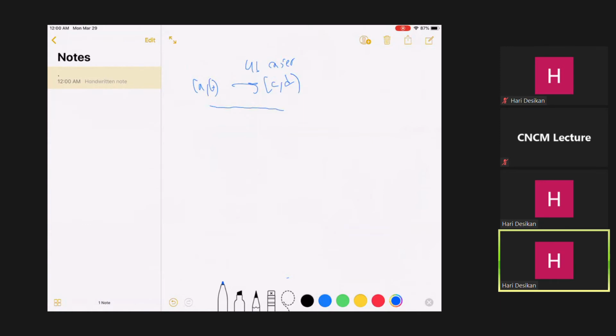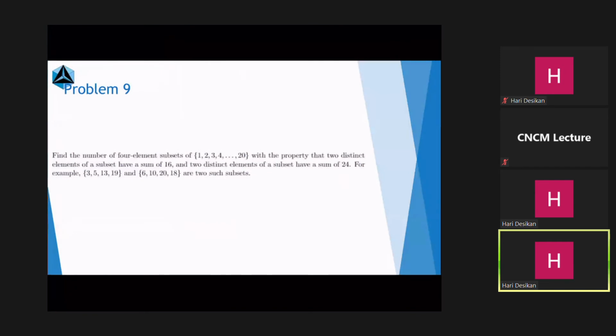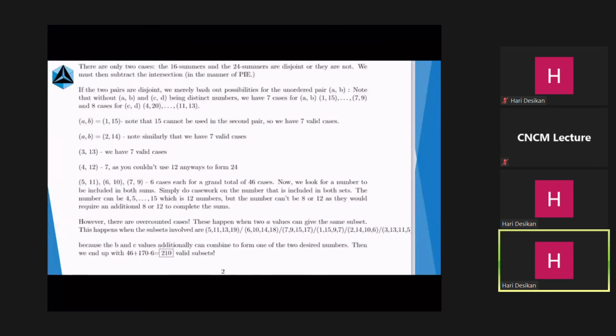Now, for the sake of time, we will not go over the second case, because it goes much the same as the first case. And we simply end up with 210 valid subsets that work out. Right, and that's exactly what this solution says.